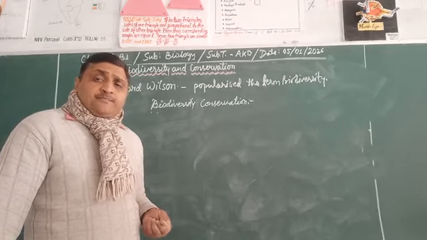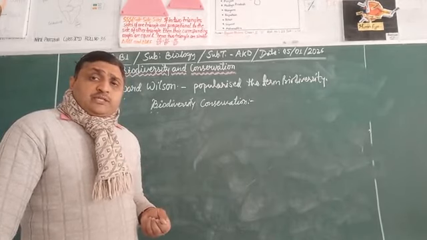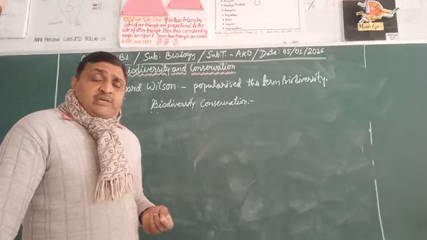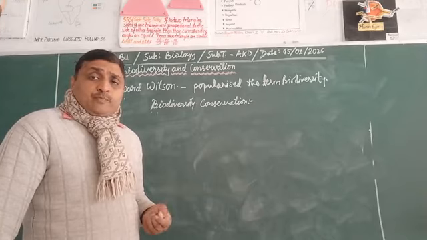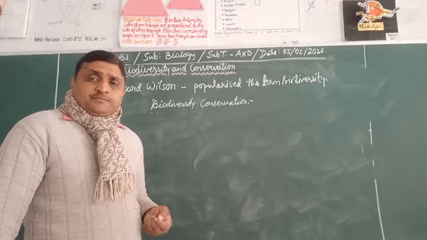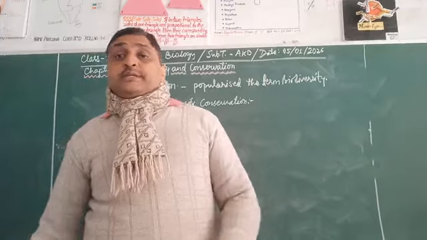Broad utilities. We know that we require oxygen for survival, and we obtain this oxygen from plants. Plants release oxygen during the process of photosynthesis, and this comes under the broad utilities.